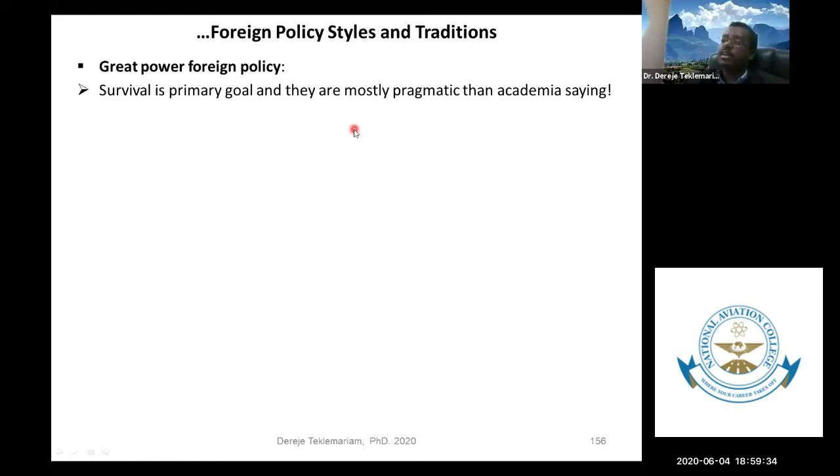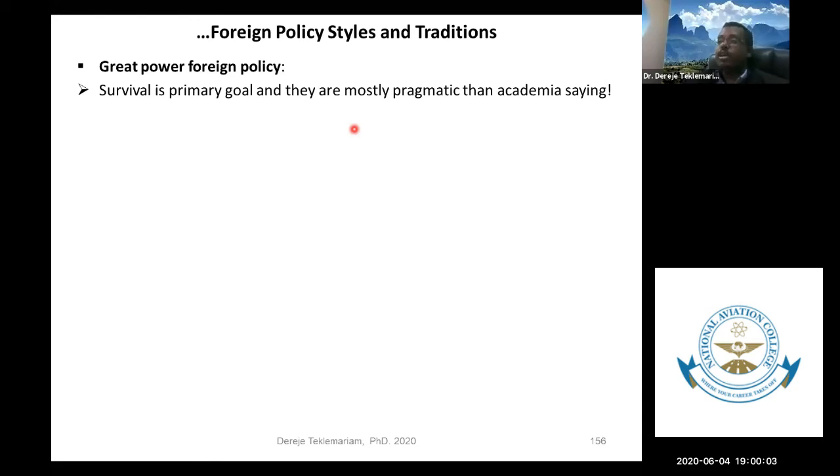For example, many academicians, in a normative sense, in principle, say things like freedom, free trade, or even separation of power between the legislative body, which is the parliament, and the executive organs, that there should be separation.